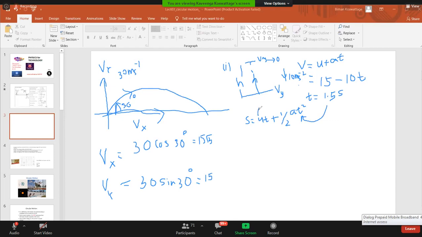This is 15. This is minus 10. So once you substitute, this is h because it's the maximum height. You can get the answer as 11.25.